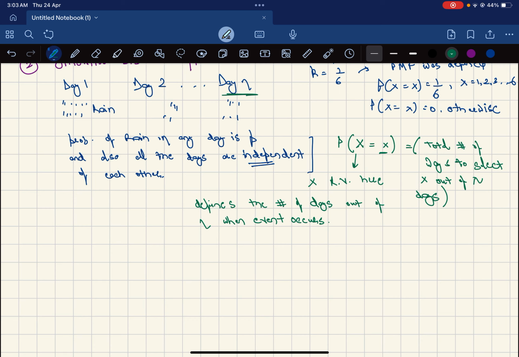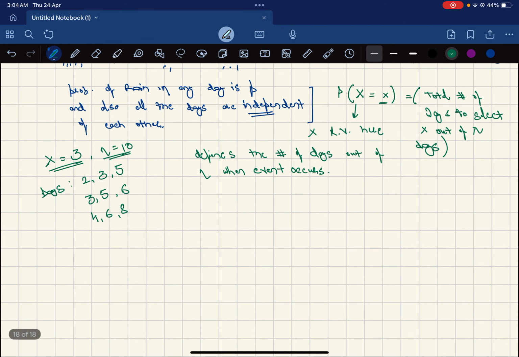It could be day 1, 2 and 3. Let us say we have x equal to 3. Then we could have rain on, let's say, days 2, 3 and 5. We could also have it on 3, 5 or 6. Let us say n equal to 10, which is that we are looking at a total of 10 days. And then we can also have it on 4, 7 or 8. So there are many such combinations, and the total number of combinations is computed as the total number of ways to select 3 out of these 10 days.